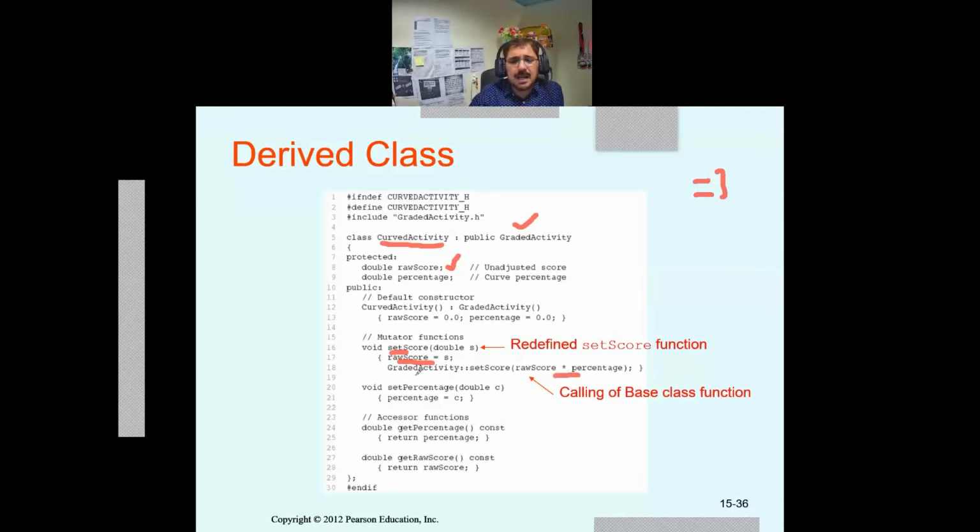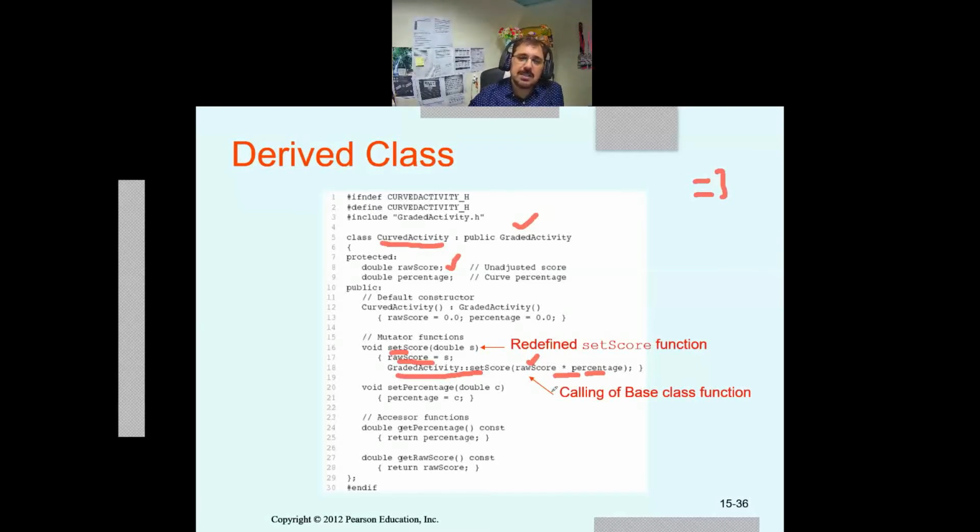It calls the parent class function, but not passing the argument in the same format as it received, modifying it by some percentage. The argument multiplied by some percentage is sent to the parent class, and the parent class sets the score, and later on the basis of this score it is decided whether it is grade A or grade B or grade C.